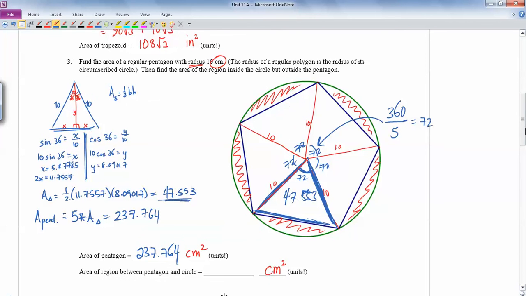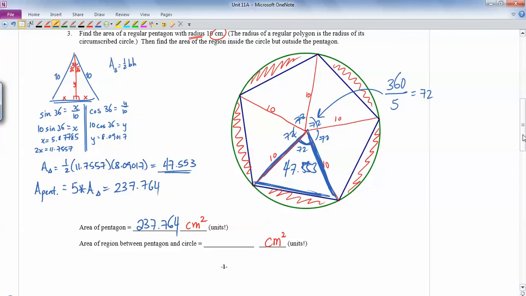Now the last part says, what's the area of the region between the pentagon and circle? Well, this is going to equal the area of the whole circle, and then take away the area of the pentagon. Well, the area of the circle is pi r squared, which is pi 10 squared.